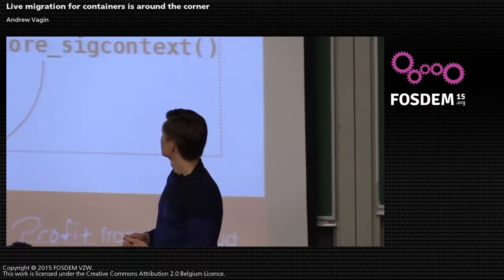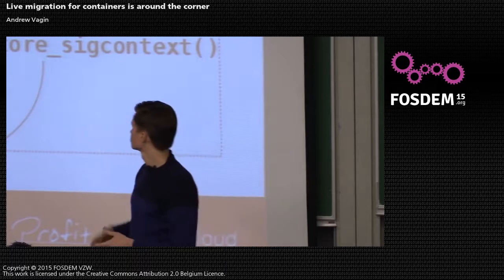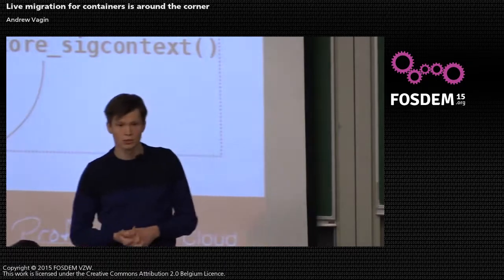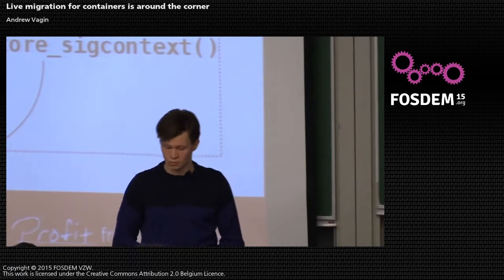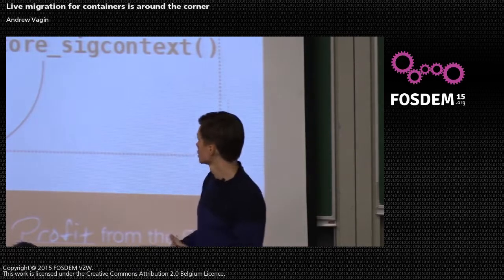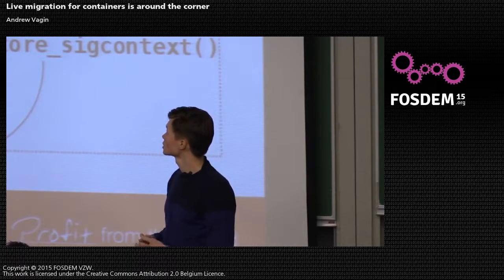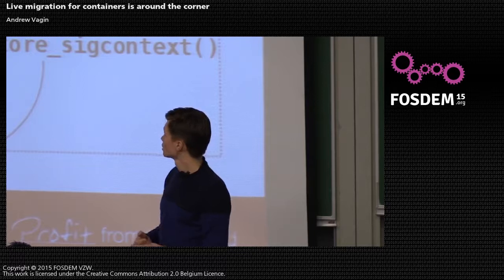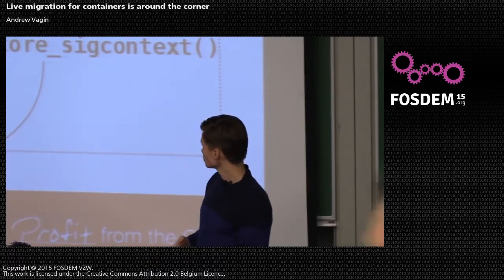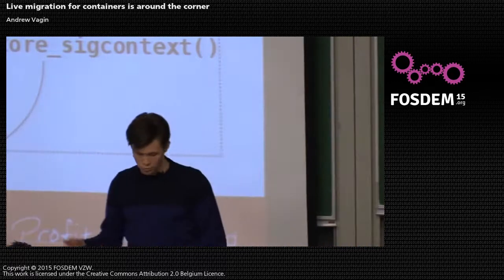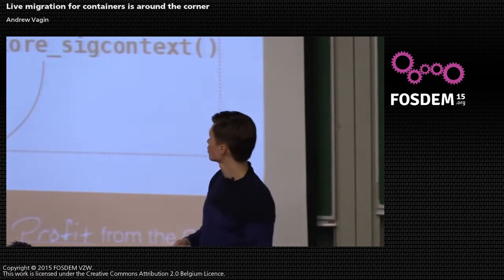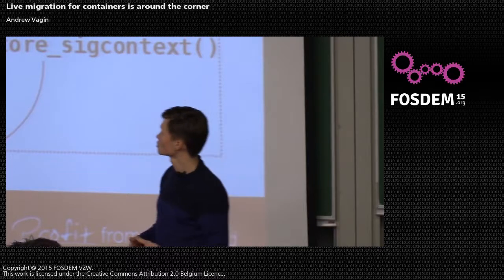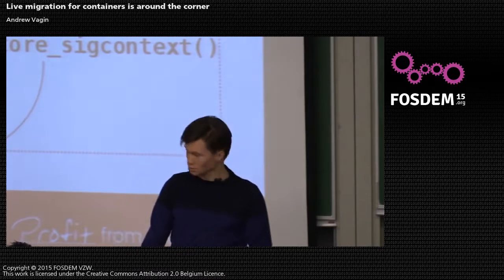We construct a signal frame and call sigreturn, and the kernel does what we need, and the process is restarted from a defined state, and all system calls are restarted just like when you return from a signal handler.